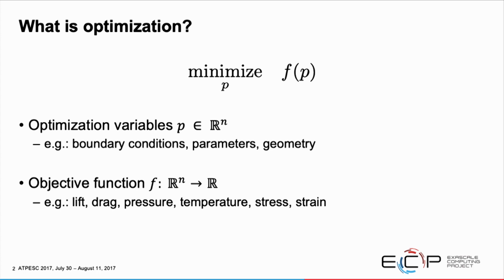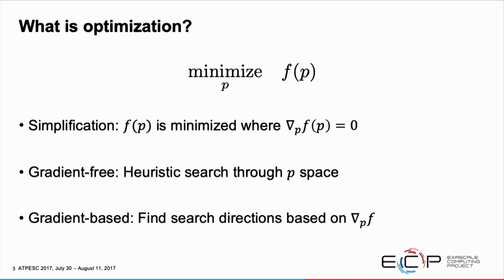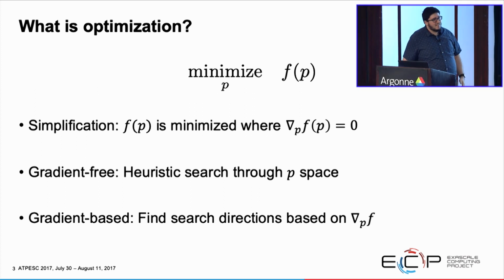Optimization at its core is just about finding some set of inputs that minimize or potentially maximize a function of interest. As a simplification, you might remember from calculus, it's minimized where the gradient is equal to 0. It's broadly broken up into two categories, gradient-free and gradient-based methods.